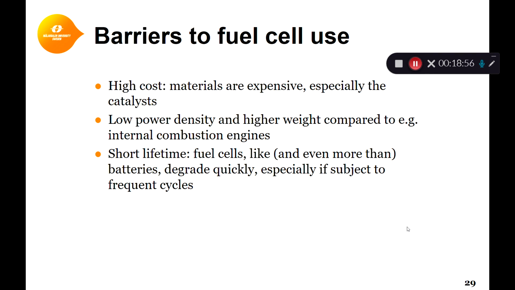If we compare to internal combustion engines or gas turbines or other technology for energy conversion, fuel cells have a lifetime that is much, much shorter. Like batteries or even more than batteries, they degrade quickly during their life, which combined with the high cost makes this investment still not very attractive for a lot of applications.